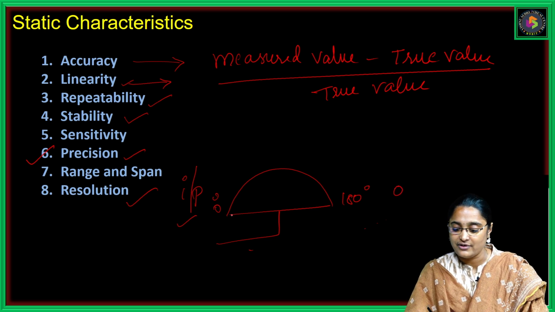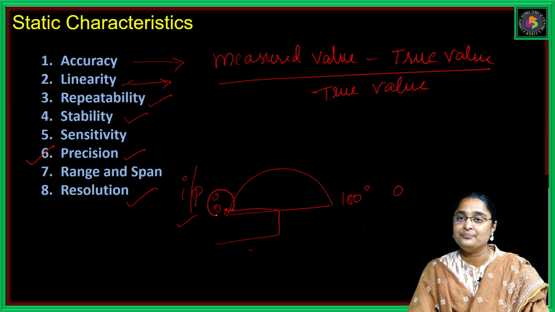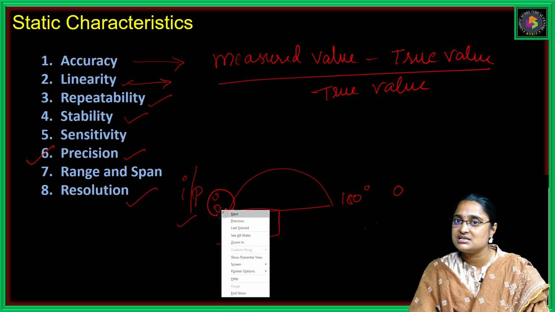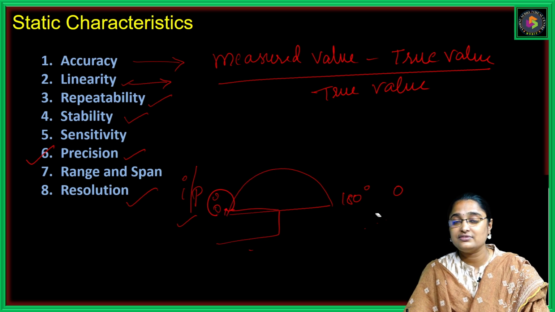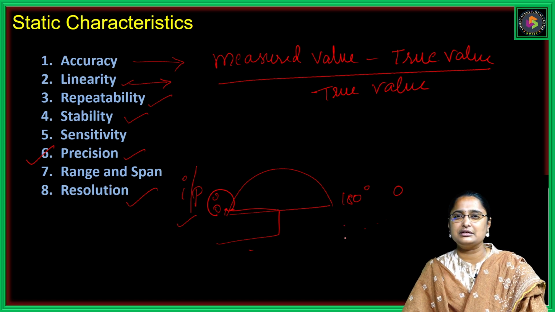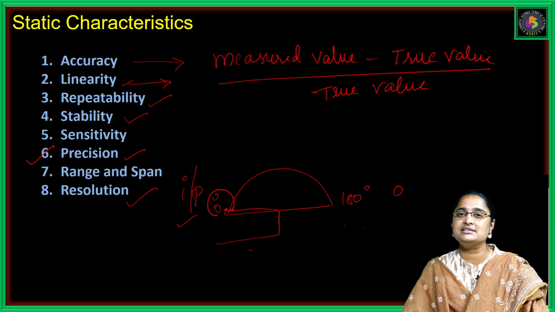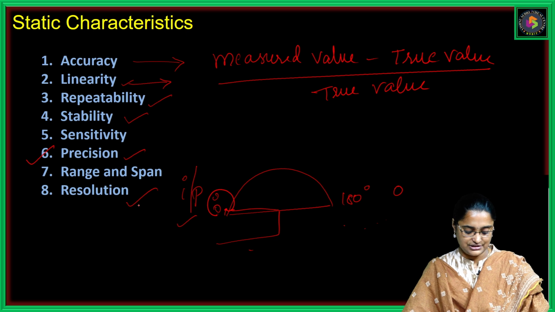If I make my transducer go to 0.1, this shift from 0 to 0.1 is your resolution. The ability of the system to respond to a very minute input is known as your resolution.